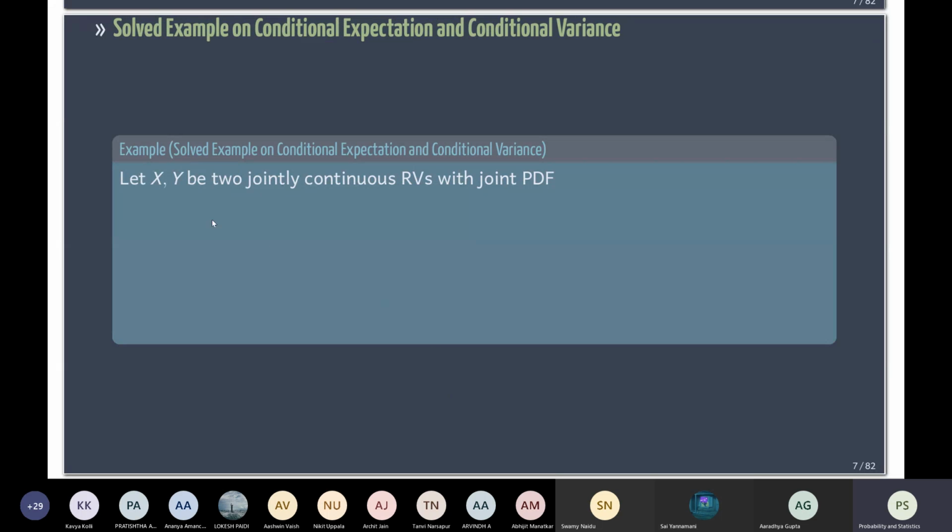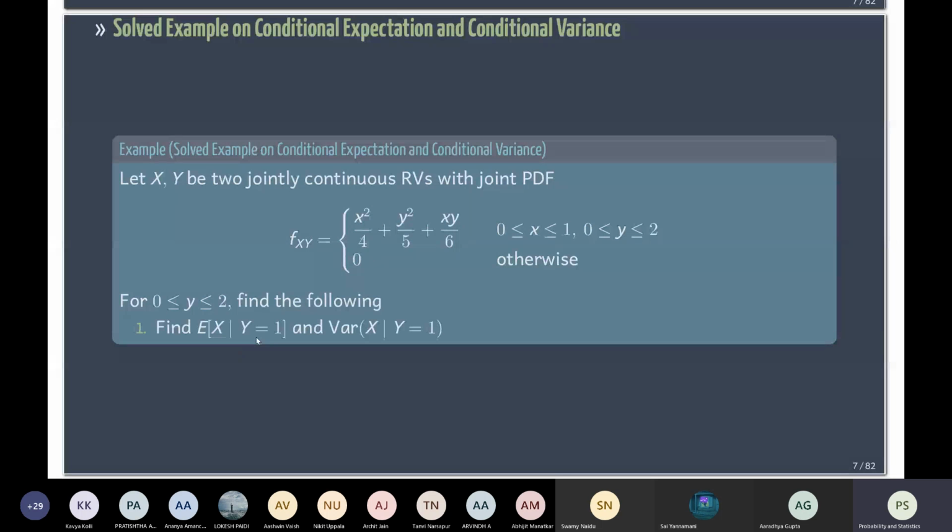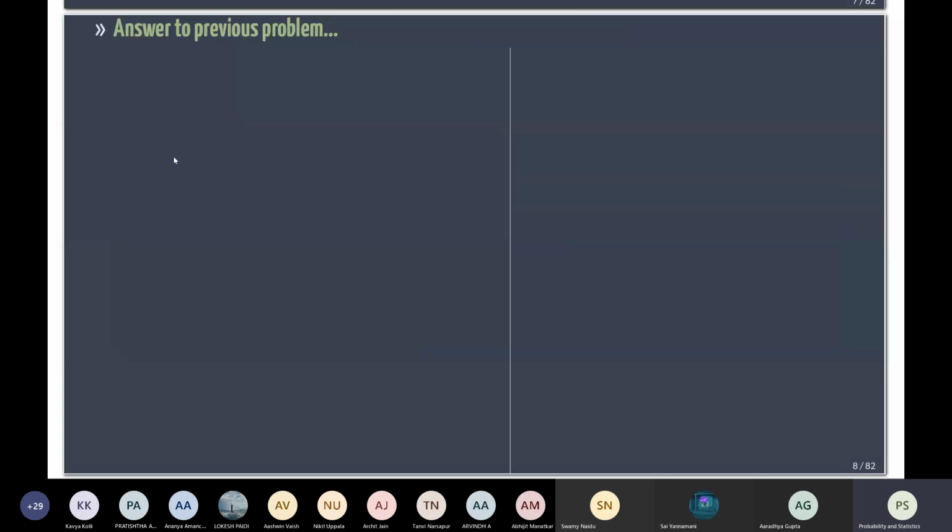Let us see some solved example. Let x, y be two jointly continuous random variables with joint PDF given by this. This is the same example as before. Find the conditional expectation, and find the variance of x given y equals 1. Let us see how we can find this.